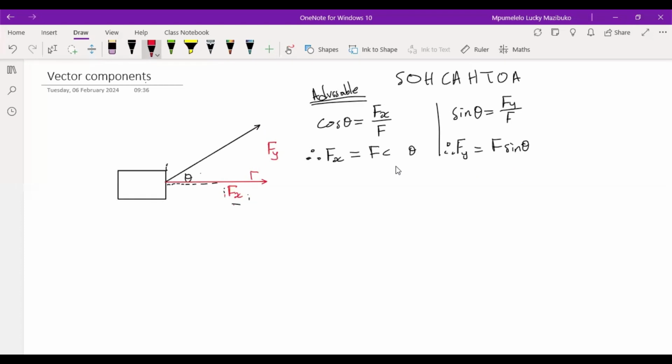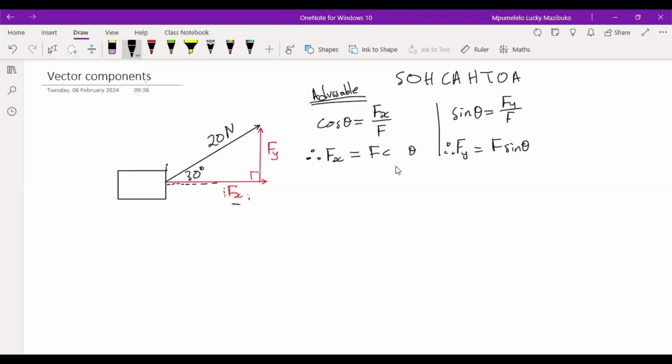Just a simple one first. Let's start very simple and not go too difficult. We are given a force of about 20 Newtons acting at an angle of 30 degrees, and you need to determine its horizontal and vertical components.